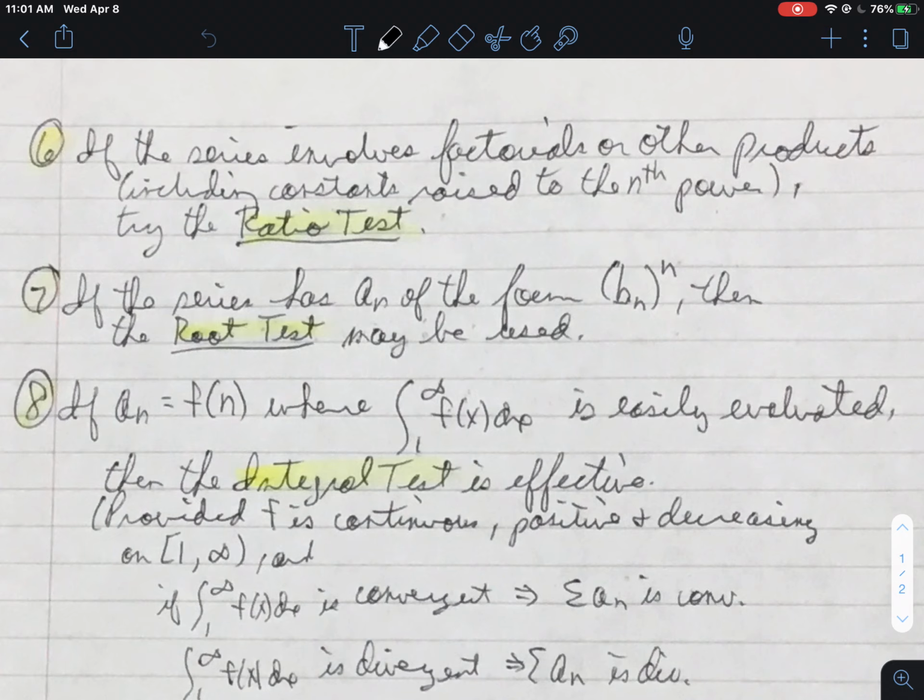Constants raised to the nth power, exponentials, factorials and polynomials, a combination of different things.